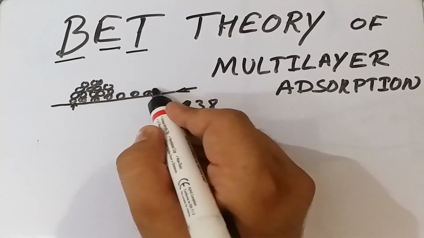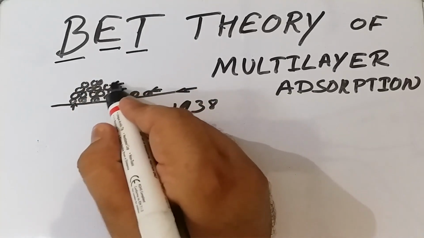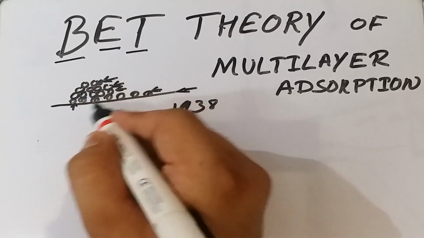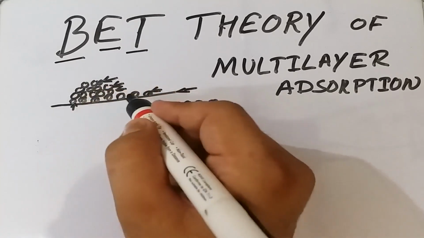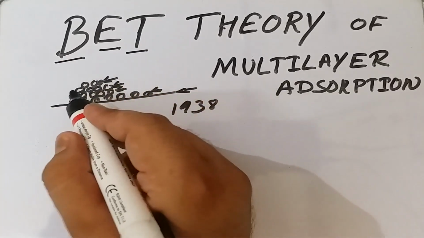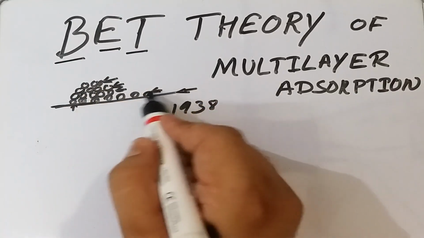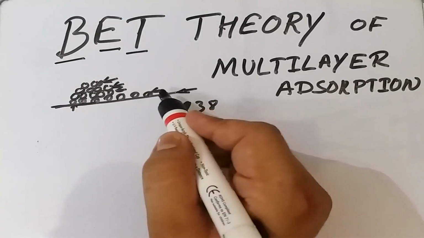So in this way, on top of the first layer, the second layer will be formed, on top of the second layer, the third layer will be formed, and on top of the third layer, the fourth layer will be formed. In this way, the physical adsorption of any gas molecule on the substrate will take place, and the energy of adsorption between the first layer and the adsorbent is constant, and it is assumed to be E1.